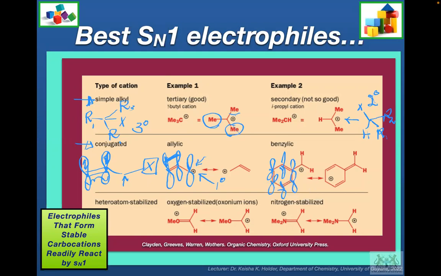And these 6 pi electrons can travel around and donate electron density to the empty p orbital that's on our carbocation.